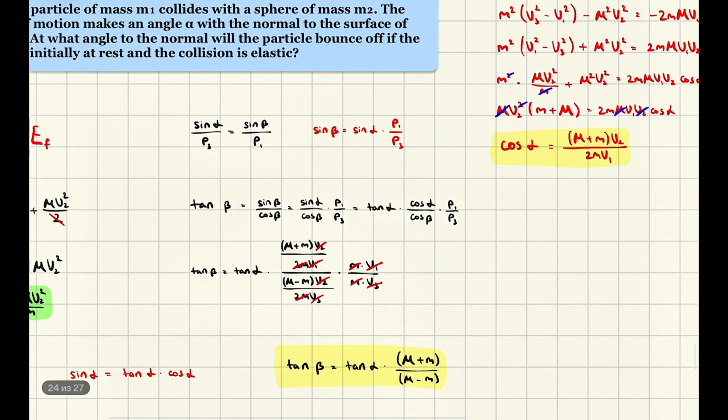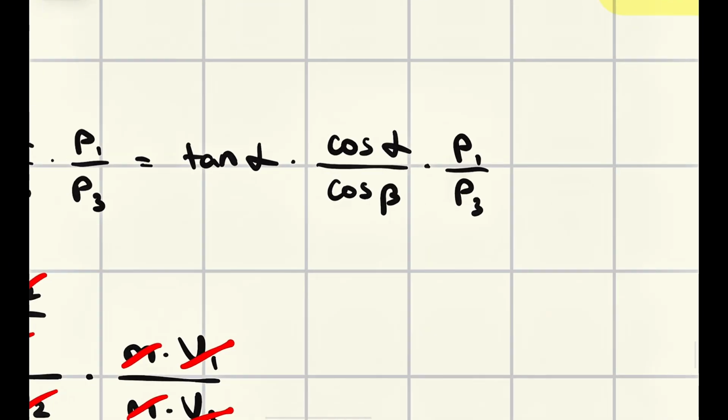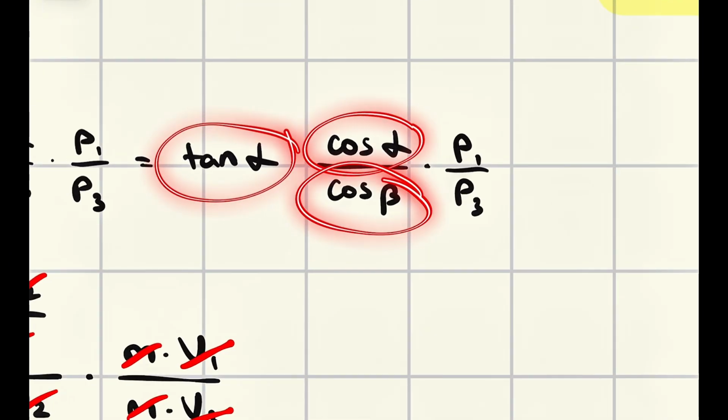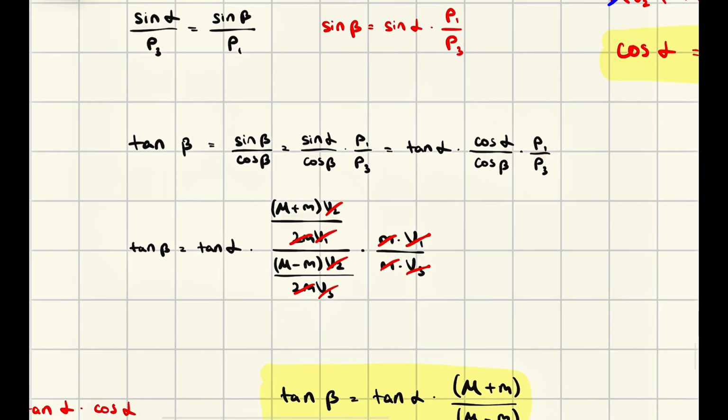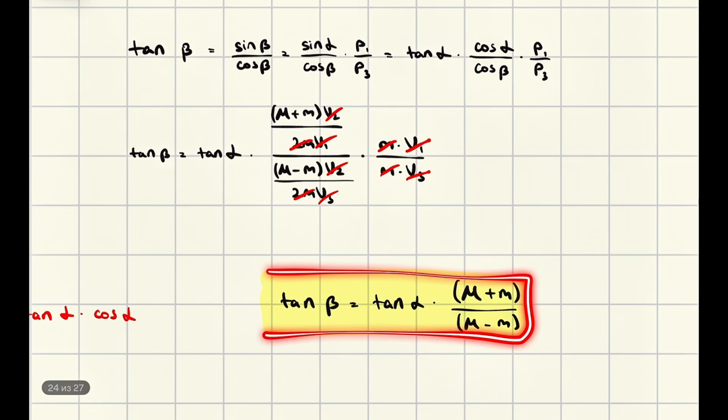And then we wanted to find the meaning of tangent beta, because beta is exactly what we were searching for. And then through simple math, we just moved to this answer: tangent alpha, cosine alpha above, cosine beta below, p1, p3, and then at the end, as you can see, a lot of stuff just cancels out, and then we would have this very beautiful, simple answer.